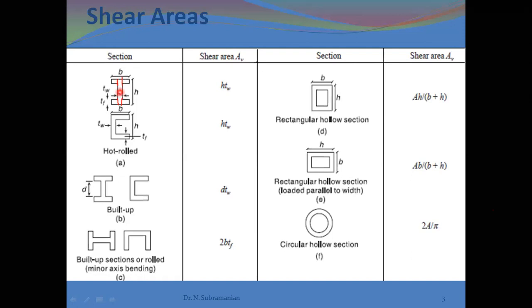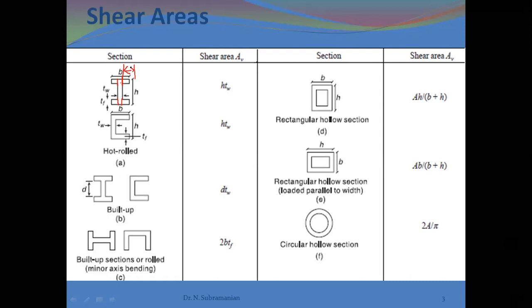And one more thing, when you calculate the width of the flange, how do you calculate it, you know. When you calculate the width of the flange, you have to take only half of this one as the width of the flange. Why? Because the center portion of the flange is involved in the web, it mixes into the web.